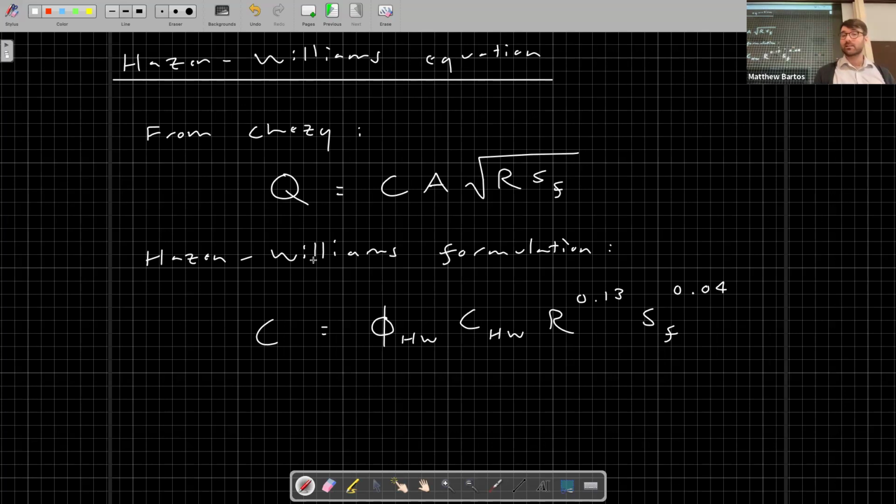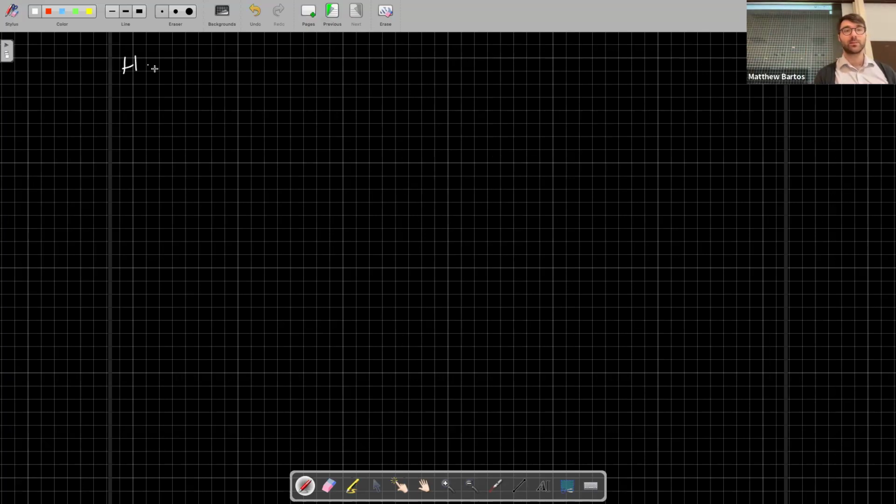So if you take this expression for C and you plug it into our general relation between discharge and friction slope, we get the following. This is the Hazen-Williams equation.